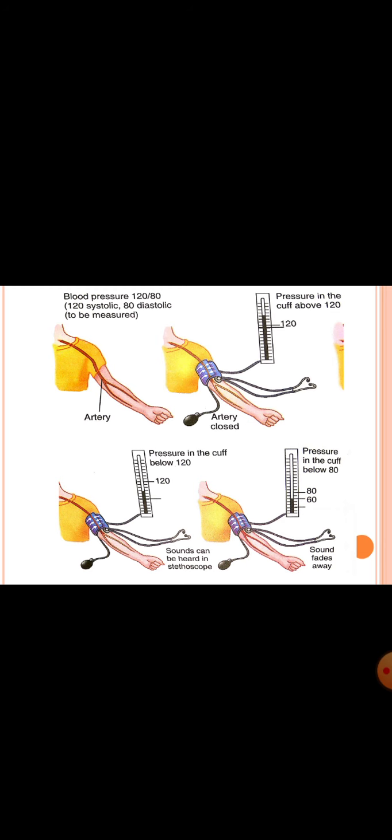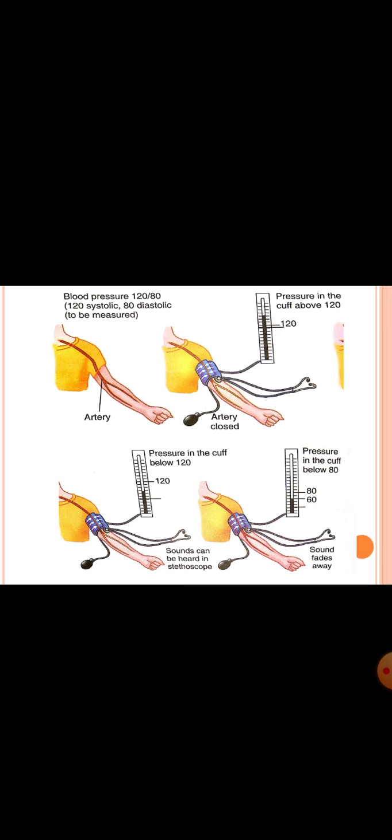Now the cuff is wrapped around the upper arm of the person and is inflated by compressing the bulb. The sound of blood flow can be heard through a stethoscope. The sound of blood rushing through the arteries at peak pressure represents systolic blood pressure.